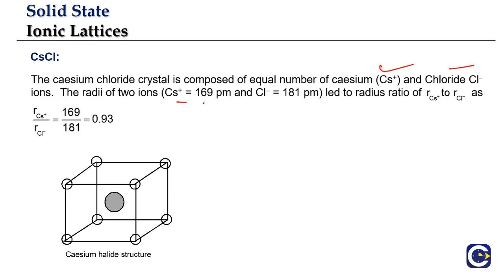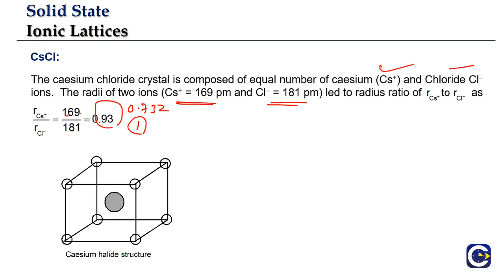The radius ratio: cesium radius is 169 picometer and chlorine is what? 181. If you look at the ratio, 169 by 181 will be 0.93, and 0.732 to 1 is basically the geometry we have for the cations to take the cubic void.